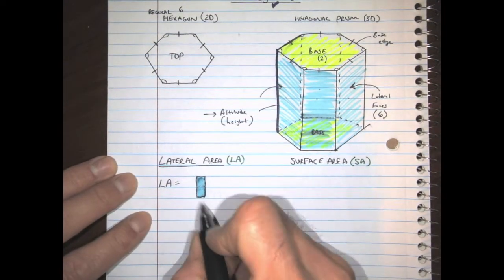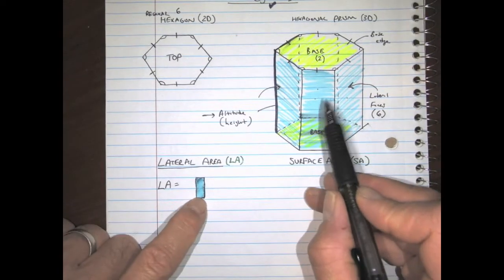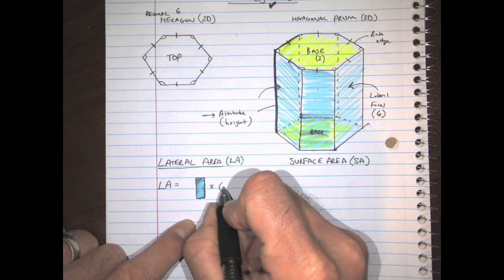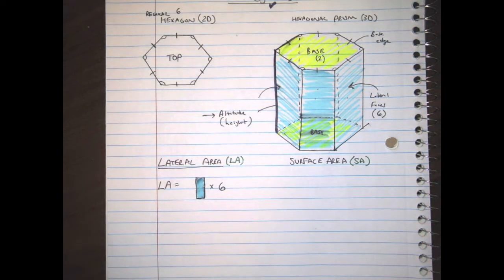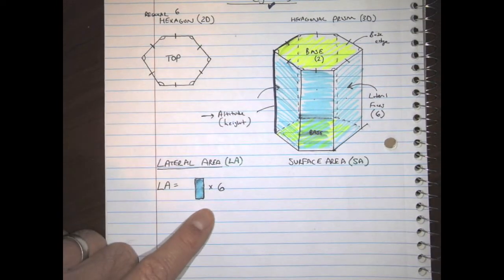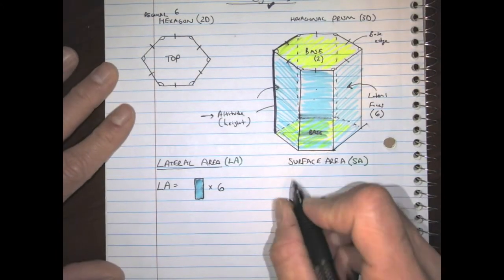To find the area of a rectangle, you just multiply length times width. Super easy to find the area of a rectangle. But you find the area of one of these rectangles, and then you multiply it by the total number of rectangles going around this figure. Folks, that's the lateral area. That's it. That is it. Lateral area.